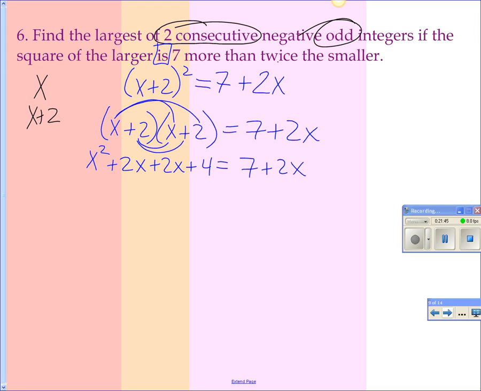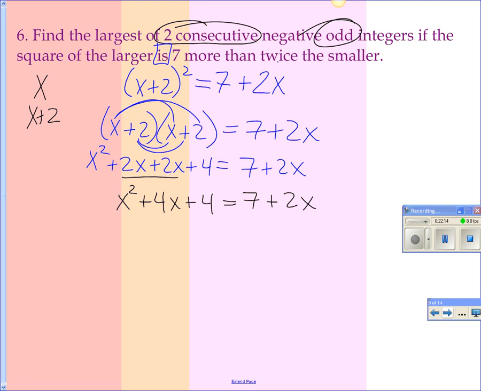Okay, so somebody tell me something I could do next. All right, you could put these two together. So x squared plus 4x plus 4 equals 7 plus 2x. We will in a minute, but we got to be careful with it. What has to move? The 7 and the 2x.